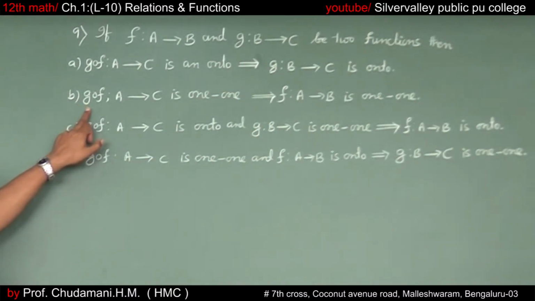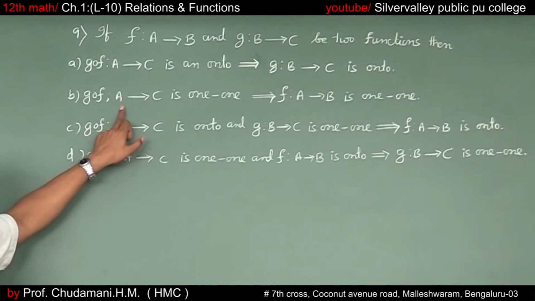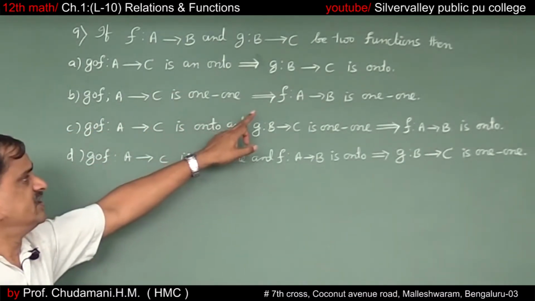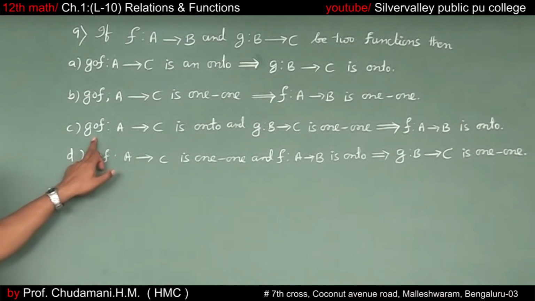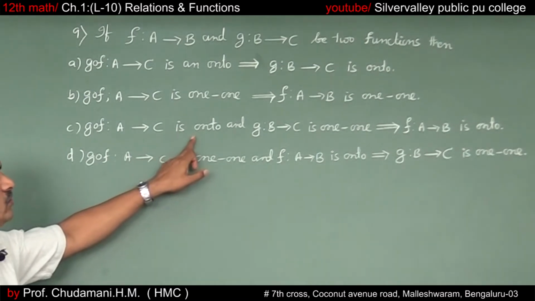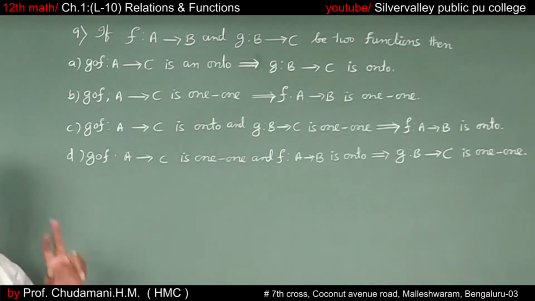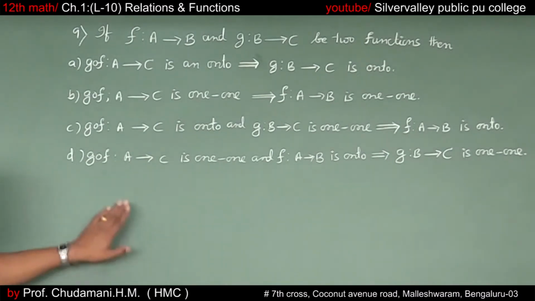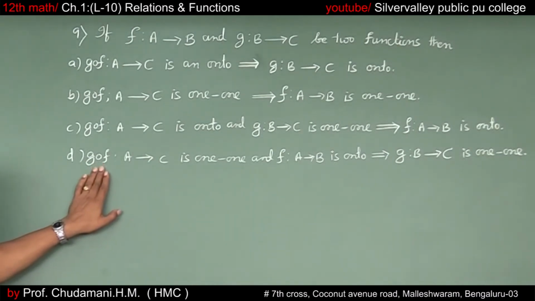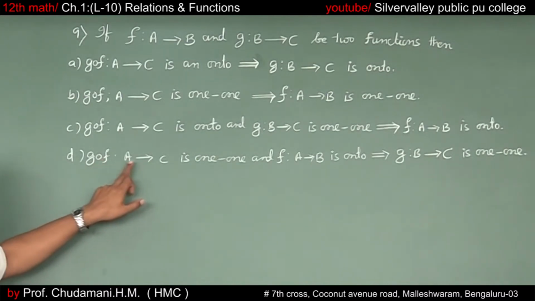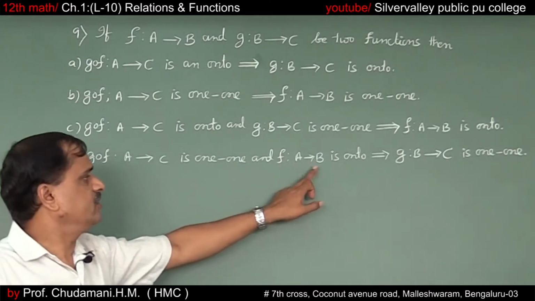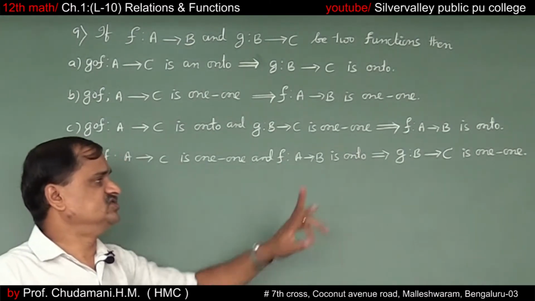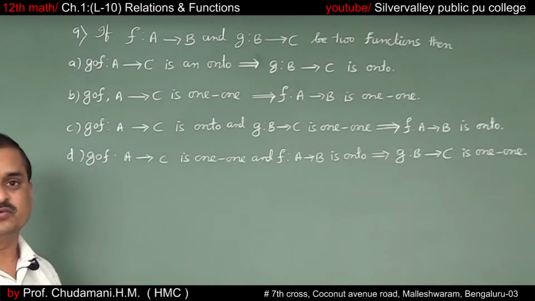The second one, if gof from A to C is one-one, then f from A to B is also one-one. Third, if gof from A to C is onto and g from B to C is one-one, then f from A to B is onto. The fourth case, if gof from A to C is one-one and f from A to B is onto, then g from B to C is one-one.